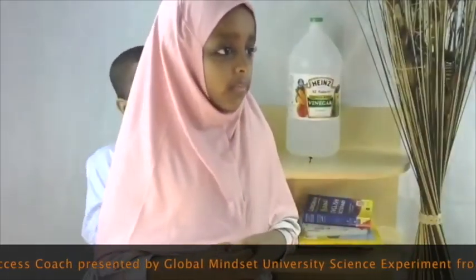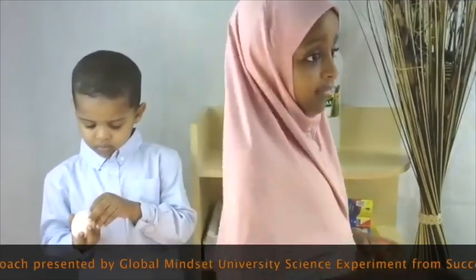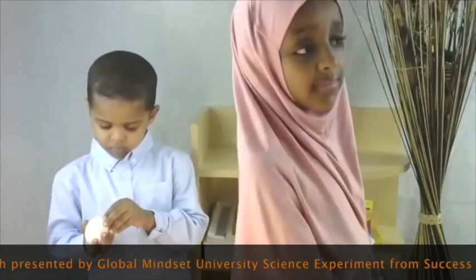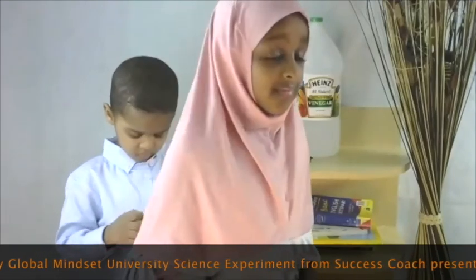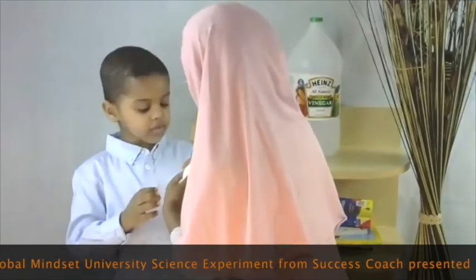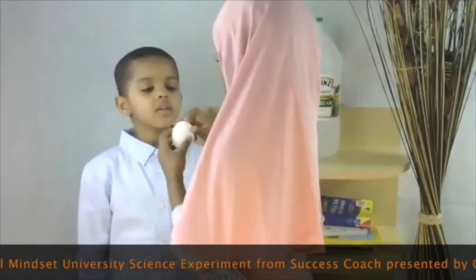Great. You know, guys, I got the egg just right from here, and now I got a chance to smell the egg. As you can see, that's the egg they are talking about from the Success Coach. It is bouncy, really. I can touch it, and it's still bouncy.